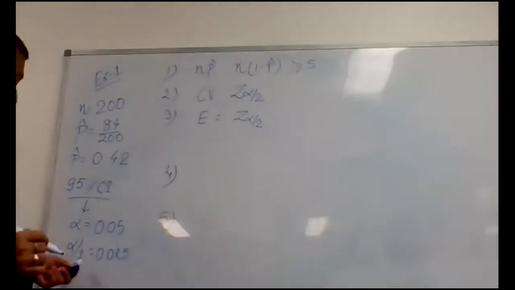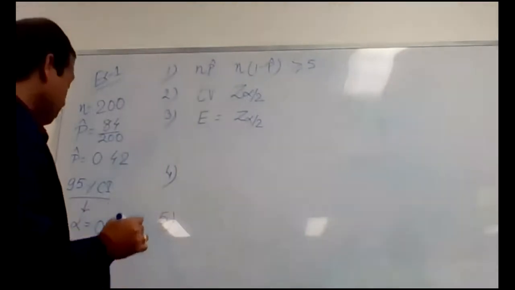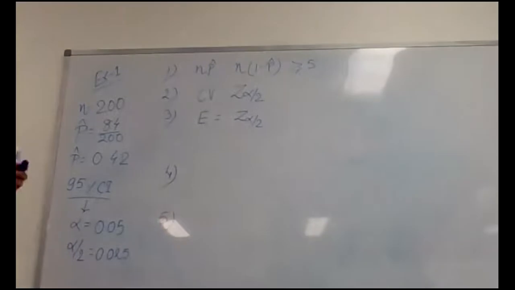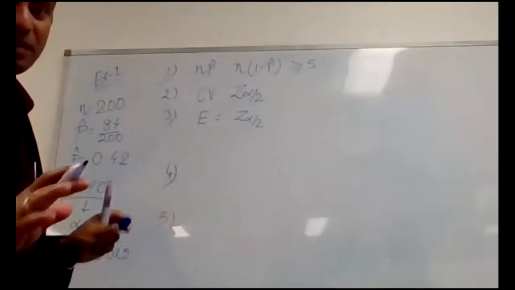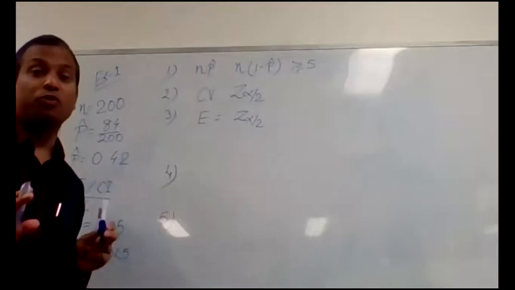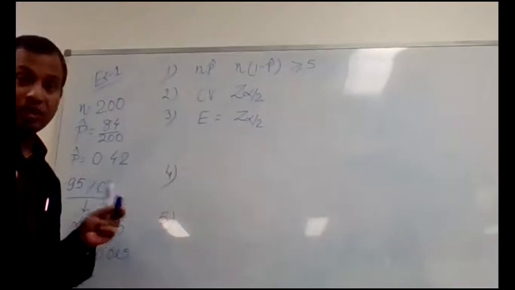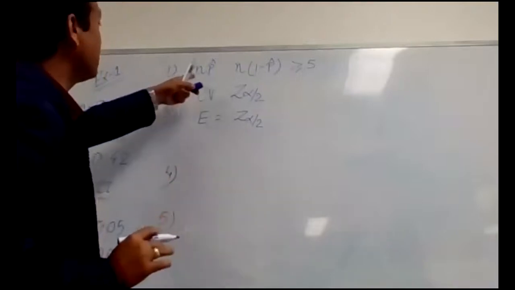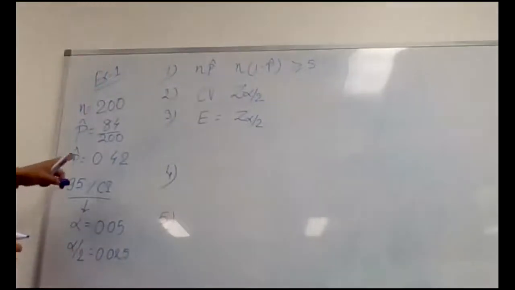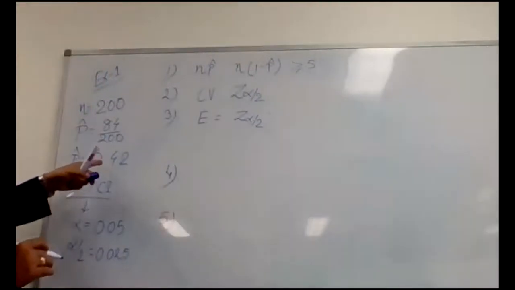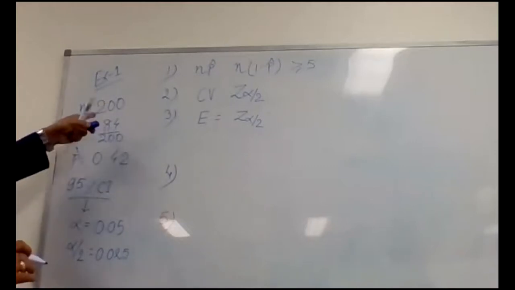Seeing the alpha value or alpha by 2 helps us in calculating the critical value. So first step: you know this sum is on the sample proportion confidence interval, so keep in mind the 5 steps. Step 1 is n p hat and n times 1 minus p hat. What is n p hat? 0.42 into 200 gives you 84.